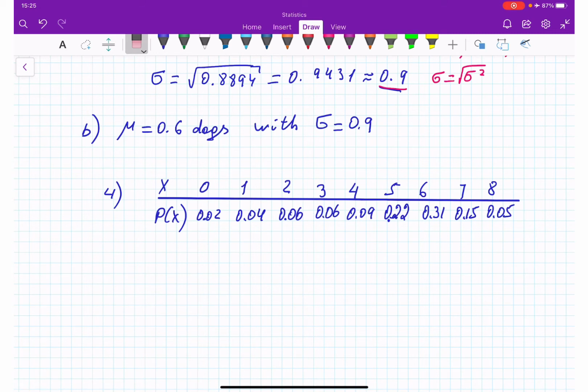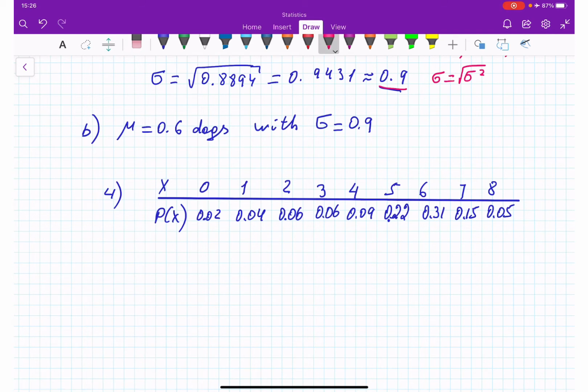So, first thing, we need to use the probability distribution to find the mean, the standard deviation, and we need to find the variance. And then we need to find the expected value.